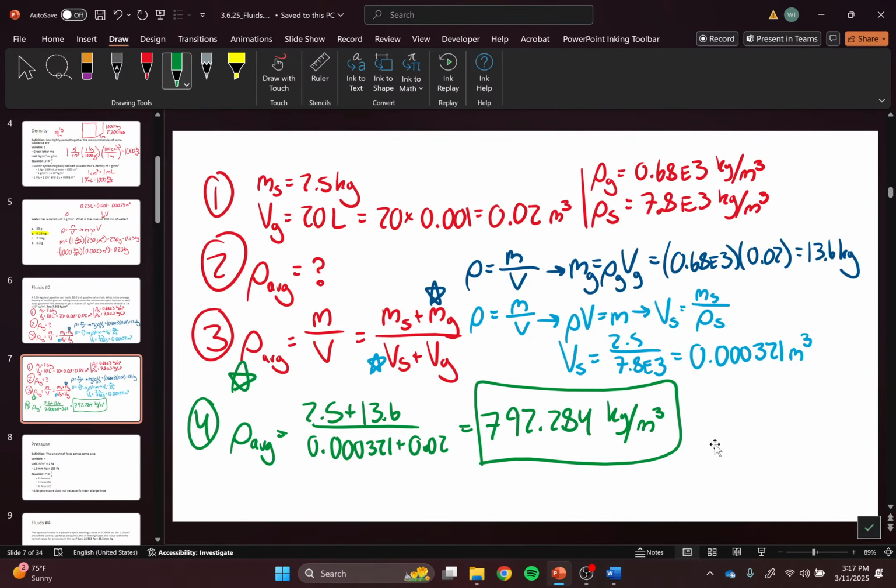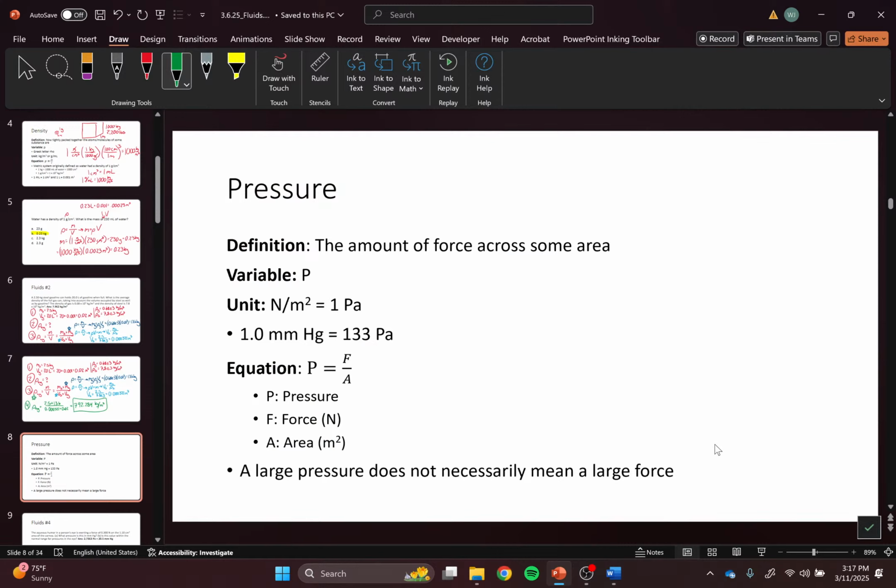The next really important thing is pressure. Pressure is something you've heard about before. But yeah, we're going to learn how it applies to fluids. Pressure is not the same thing as force. Pressure is force over area.